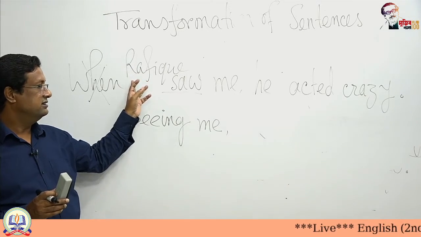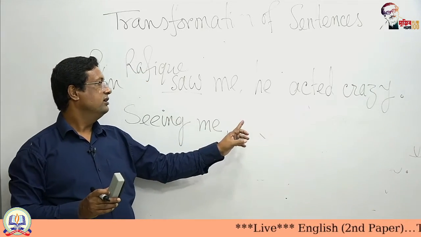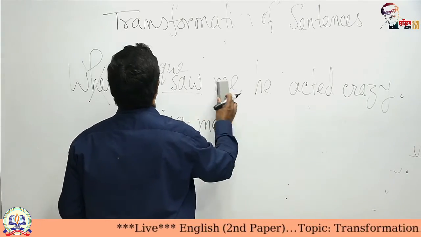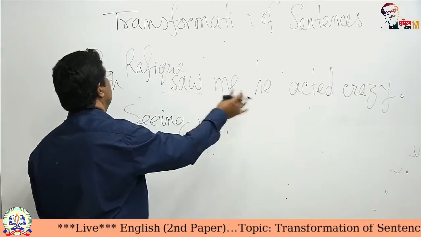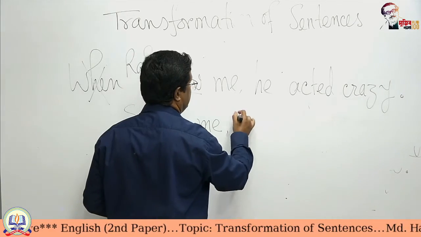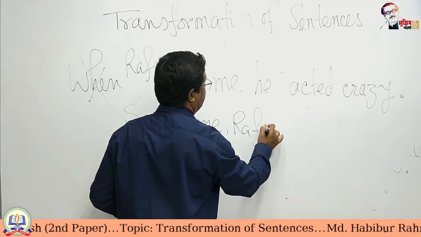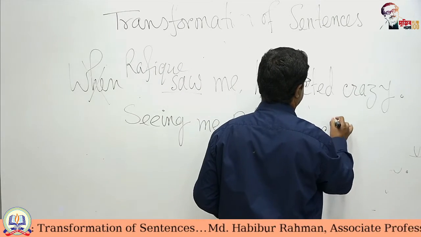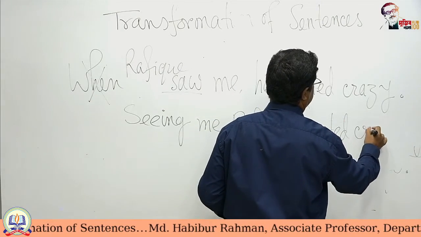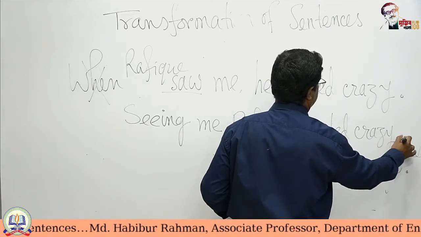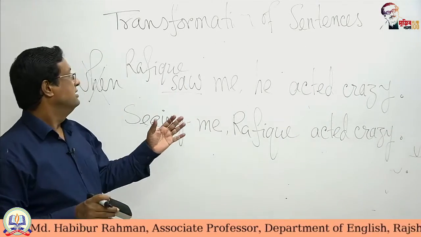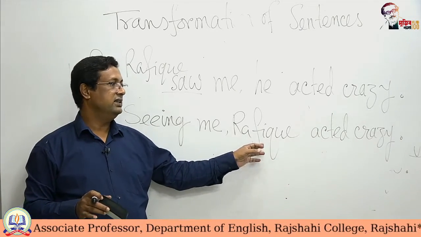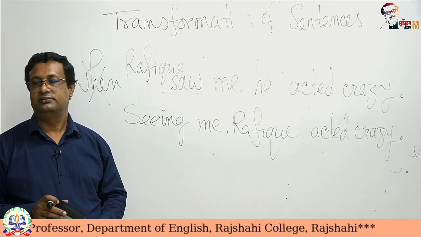You will write just here, seeing me, Rafik acted crazy. Or if there were two he, I would write here, seeing me, he acted crazy. Understand?